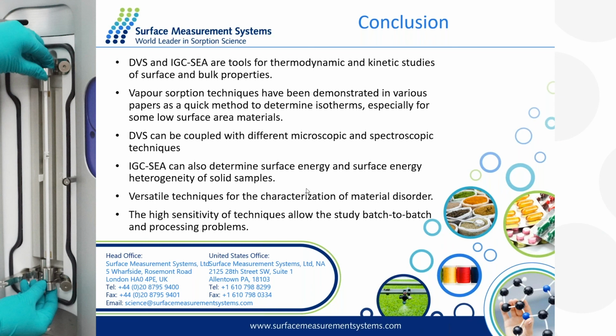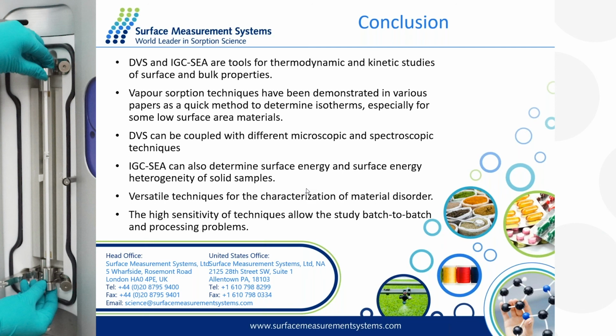I saw a different question. What's the limitation of IGC for very high surface area materials, and can I use a column with only 20 milligrams? Because IGC uses pulse injection, it has a limitation for BET surface area, because we need to cover the whole surface with the probe molecule. So it can measure as high as maybe 100 square meter per gram.